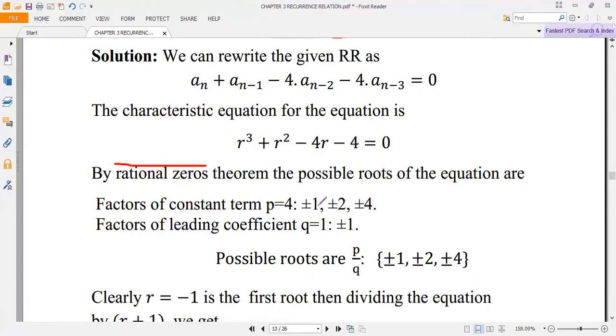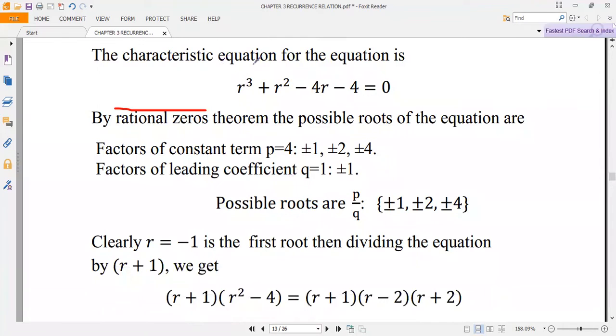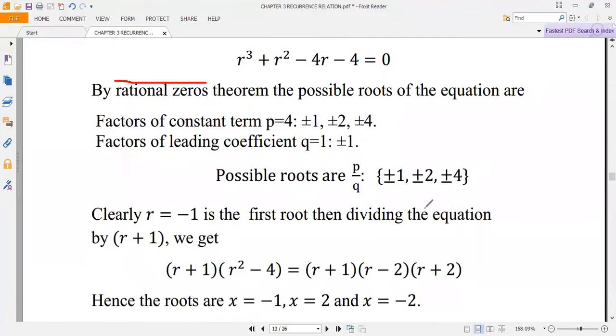The factors of 4 are plus or minus 1, plus or minus 2, plus or minus 4, and the factors of the leading coefficient 1 is plus or minus 1. So the possible roots of this characteristic equation are p over q, the factors of the constant term over the factors of the leading coefficient, which is plus or minus 1, plus or minus 2, or plus or minus 4.